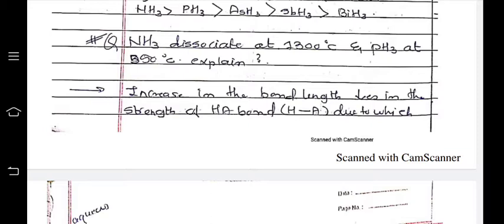NH3 dissociates at 1300 degrees centigrade and PH3 at 50 degrees centigrade. Explain. These are the questions.